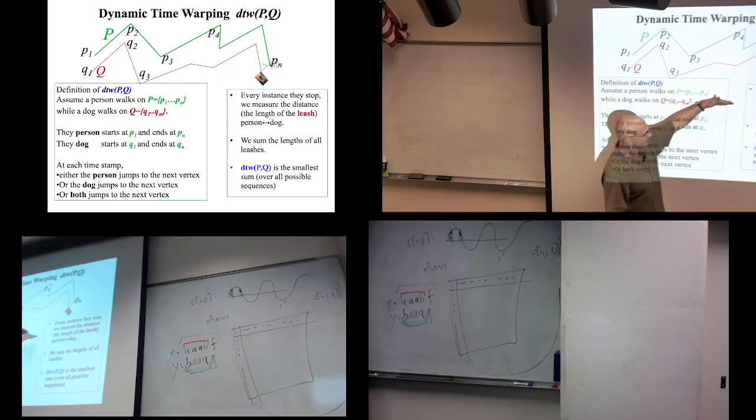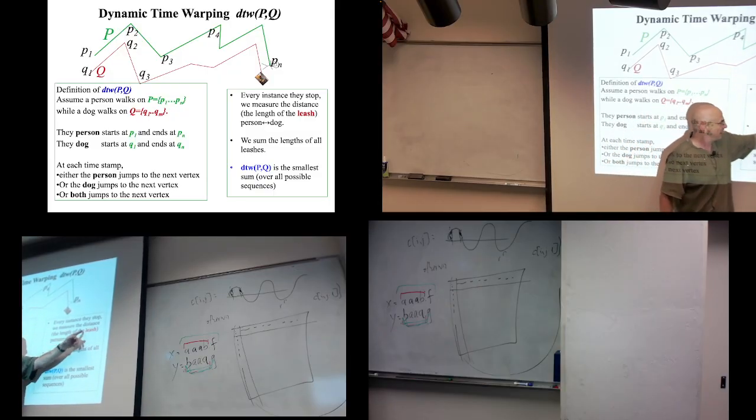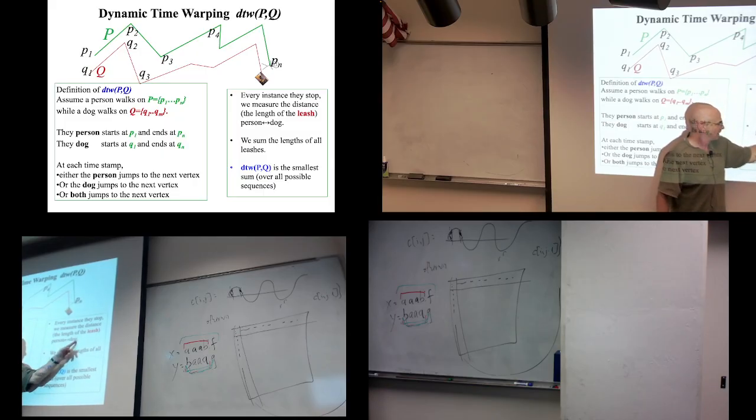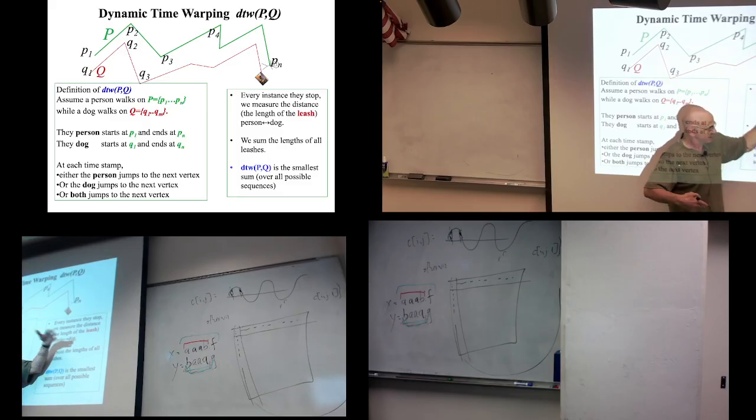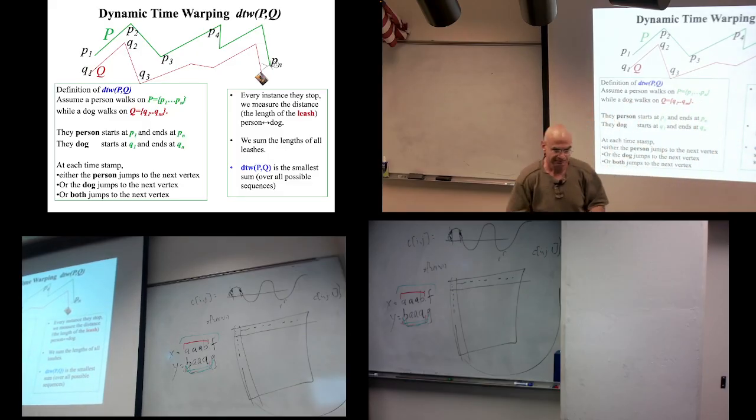At every instant that they stop, we measure the distance between them. We think about it as the length of the leash between them. And the best schedule is one that allows me to minimize the sum of leashes among all the time steps. The best schedule would be the one that allows me to fit the leash as well as possible.